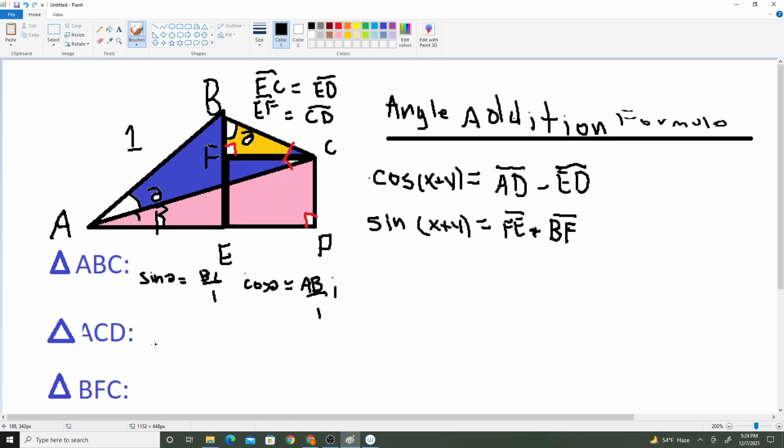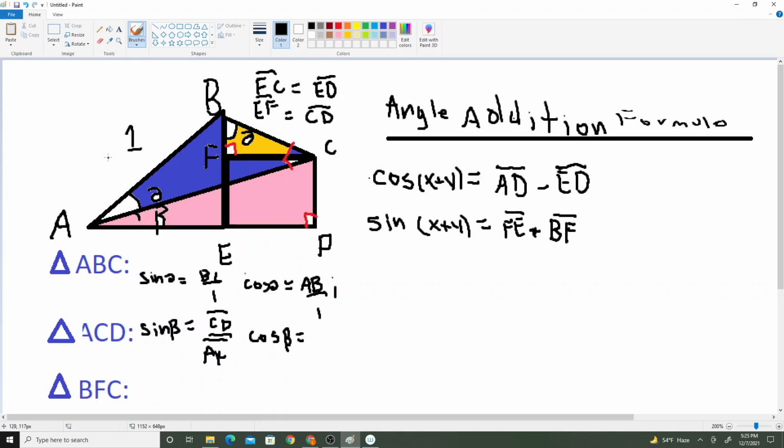And then for ACD, sine of beta. If this is our angle B right here, opposite is CD, hypotenuse is AC, so that's CD over AC. And then for cosine of B, I think I made a mistake right here.